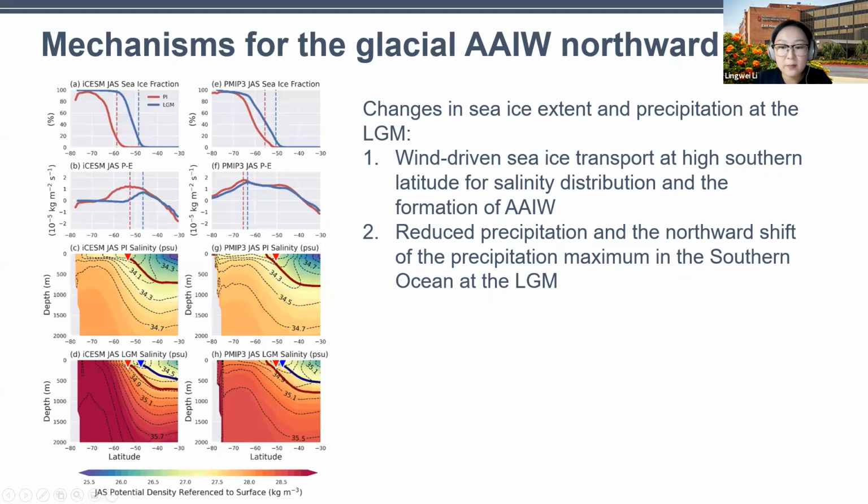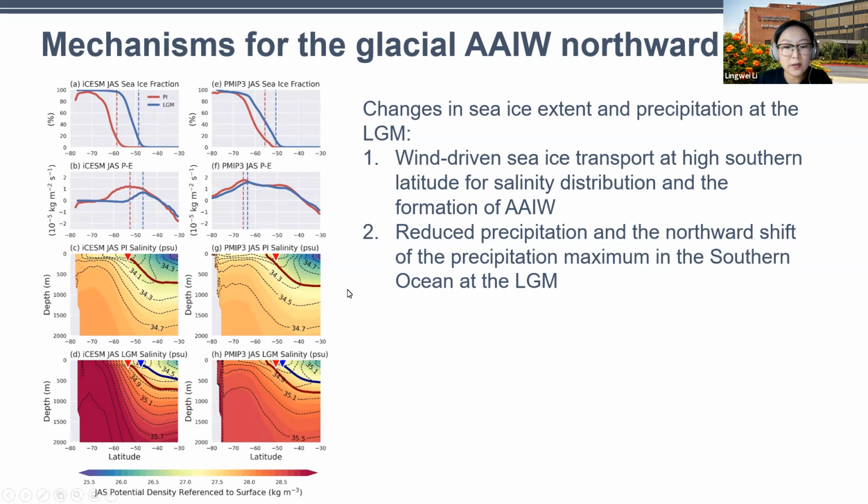This is mainly caused by the reduced precipitation and the northward displacement of the precipitation maximum in the Southern Ocean at the LGM. Therefore, the sea surface salinity minimum tends to move northward at the LGM as a response to this weakening hydrological cycle, which in turn drives AIW moving northward.